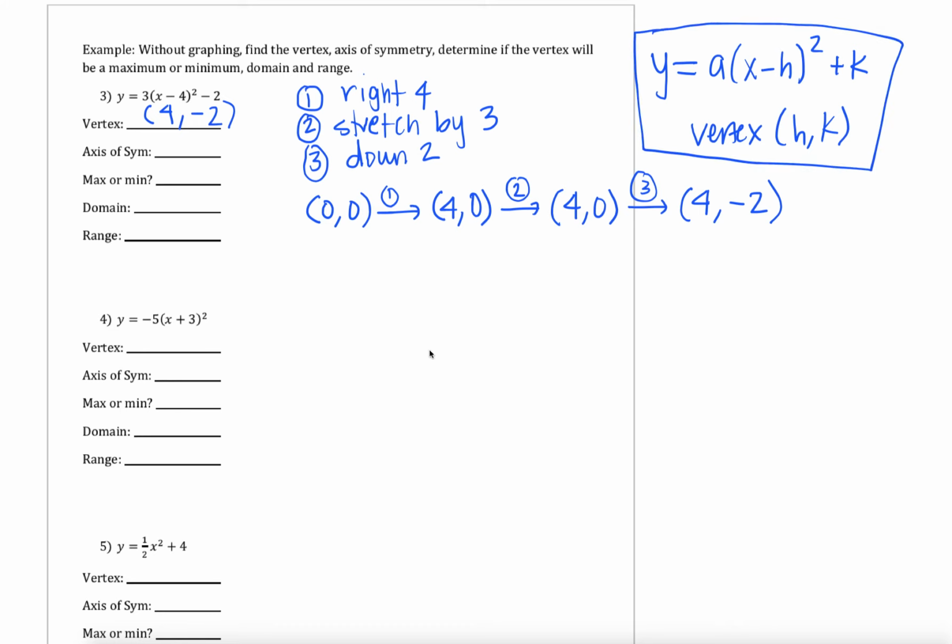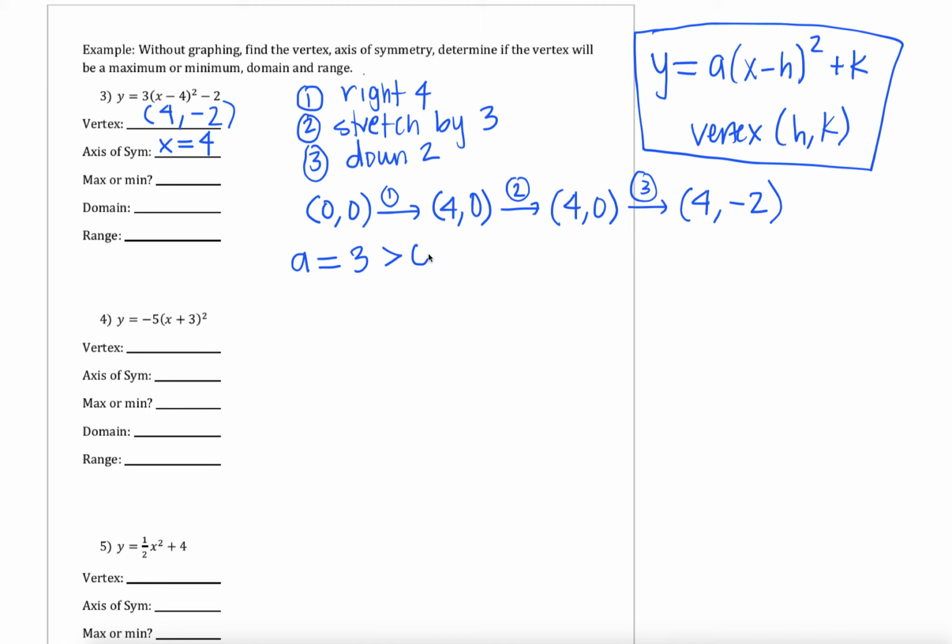Now our axis of symmetry, remember, is that vertical line that runs through our vertex. So this will be at x equals positive 4 then. Since there was no reflection over the x-axis, I know that my graph is still facing upwards. The other reason I know that is I can look at the a value. So in my equation, our a value is the number in front of the parentheses, so our a value is 3.